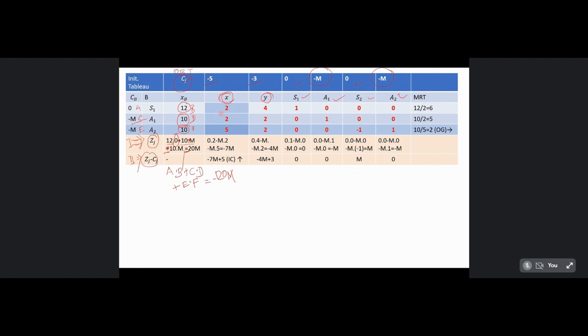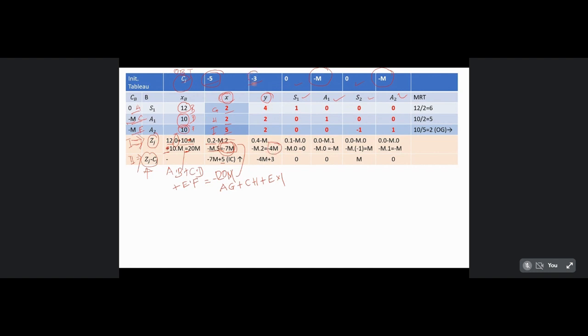ঠিক আছে, তারপরের গল্পটা হচ্ছে সেম ওয়ে, এখানে f অব্দি লিখেছি, e f, say g h i যদি হয় তাহলে পরে this is a into g plus c into h plus e into i. So this 0 into 2, minus m into 2, minus m into 5, so minus 7m. পরের রো যেটা এখানে, from this -7m we are subtracting this entity -5, so -7m + 5. এখানেও same thing, 0 into 4, -m into 2, -m into 2, so we get -4m.